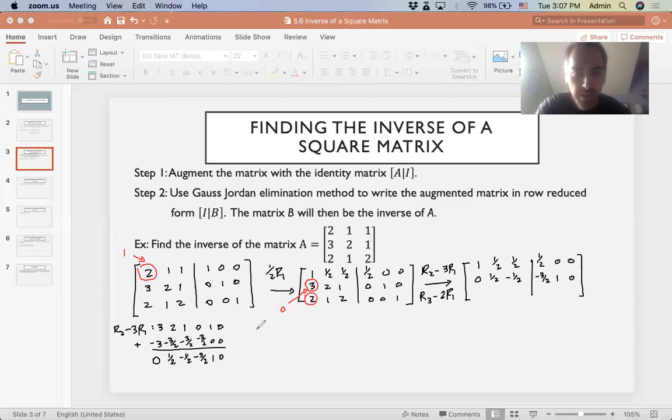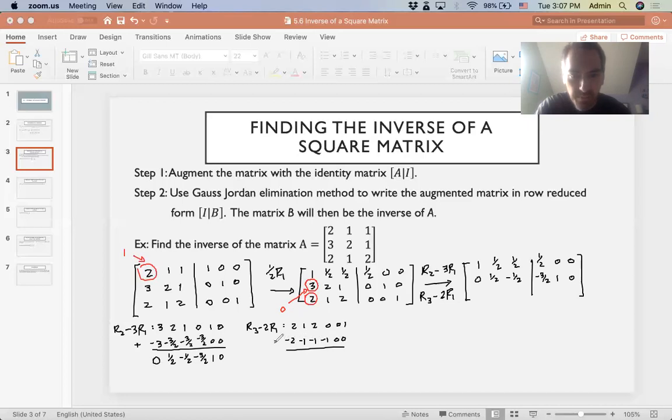Okay, and then we'll do the same thing with R3 minus 2R1. We're going to multiply row 1 by -2. So that's -2, -1, -1, -1, 0, 0.